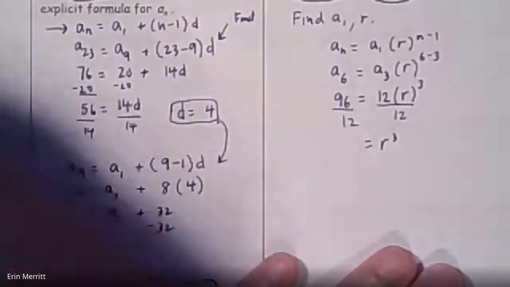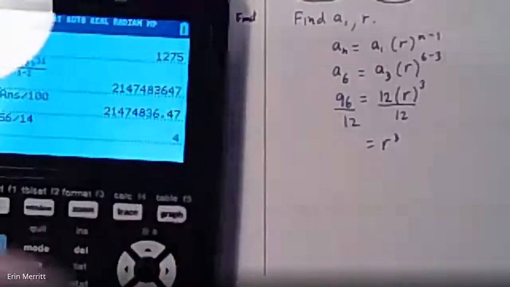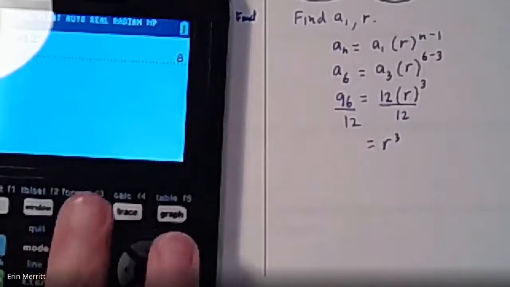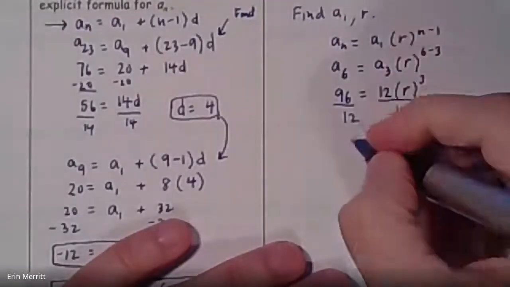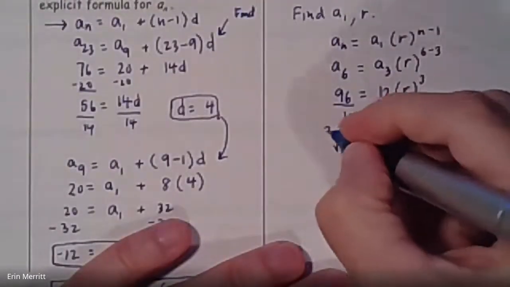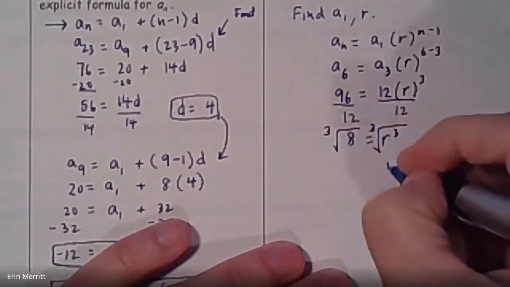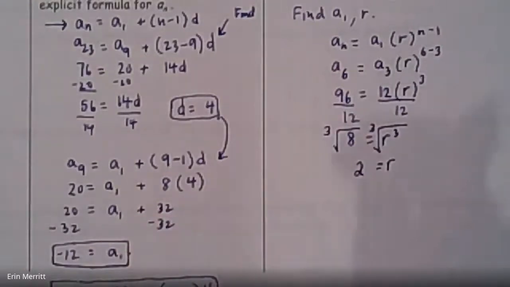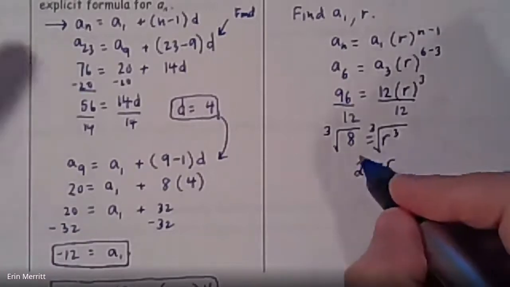So r cubed, if we take 96 and divide it by 12, comes out to be 8. And then I would take the cube root. Cube root, I just get one answer of 2. If it was a square root, I'd have to recognize it could be plus or minus, but a cube root is just a single answer. So now we've got our common ratio.